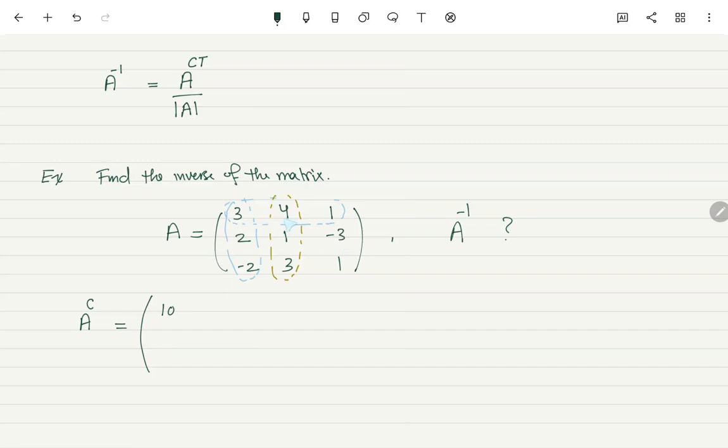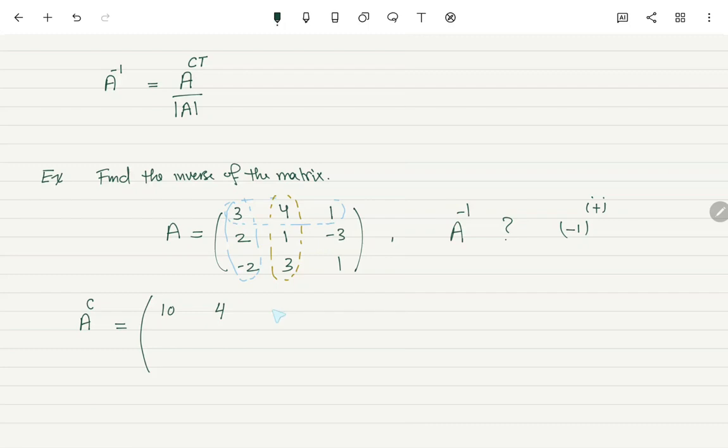And remember the factor minus 1 to the power i plus j; here i is 1 and j is 2, so minus 1 to the power 3 is minus 1, and minus 4 becomes 4.